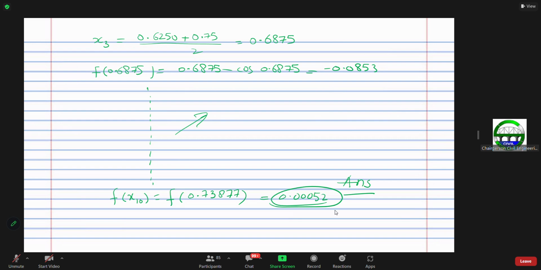This will be the duration of the exam, and there will be five numerical problems. Let's try to make the format.